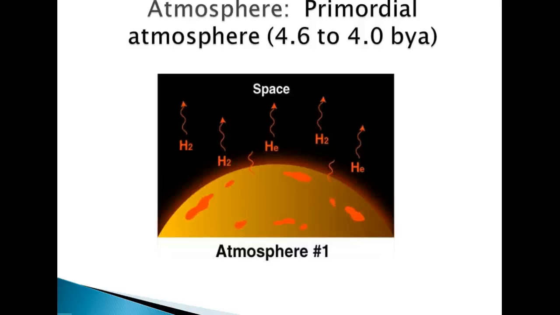Now, also write that this first atmosphere didn't last because the Earth was so hot it evaporated these gases back into space faster than the Earth's gravity could hold them.